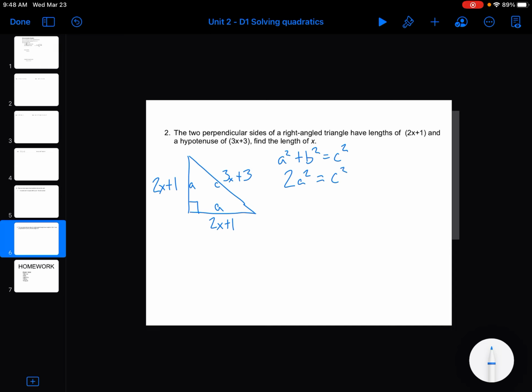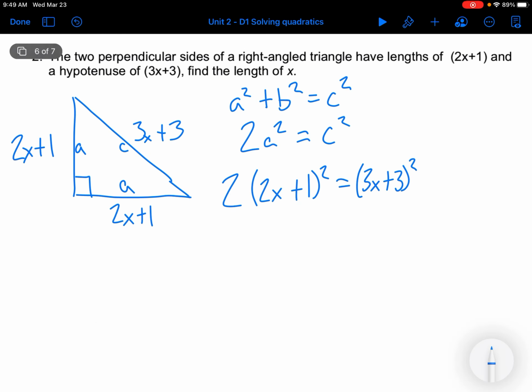Okay, if we have 2a squared equals c squared, we can do 2 times (2x + 1) squared equals (3x + 3) squared. Now, we're going to have to expand and simplify. So I'm going to just zoom in so I can write a little smaller.